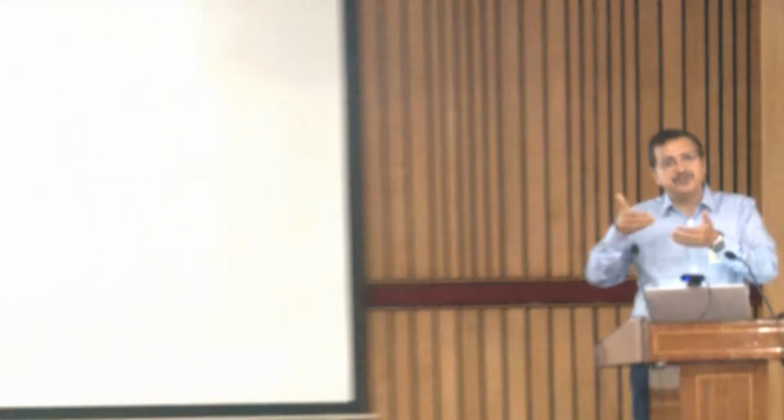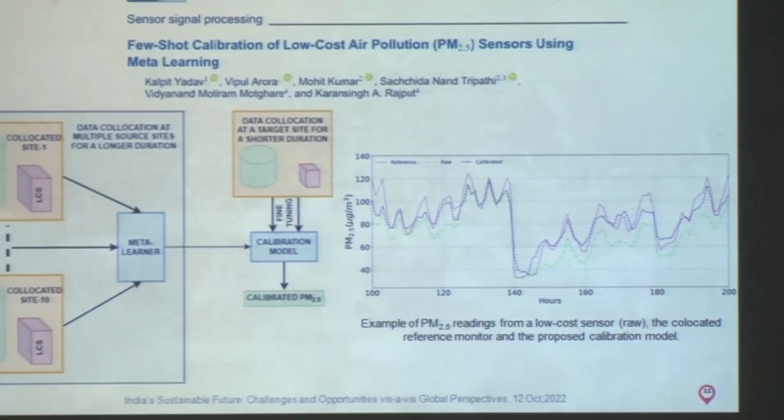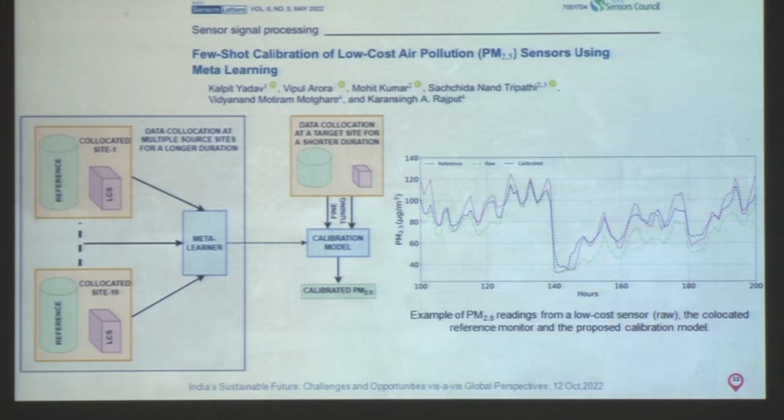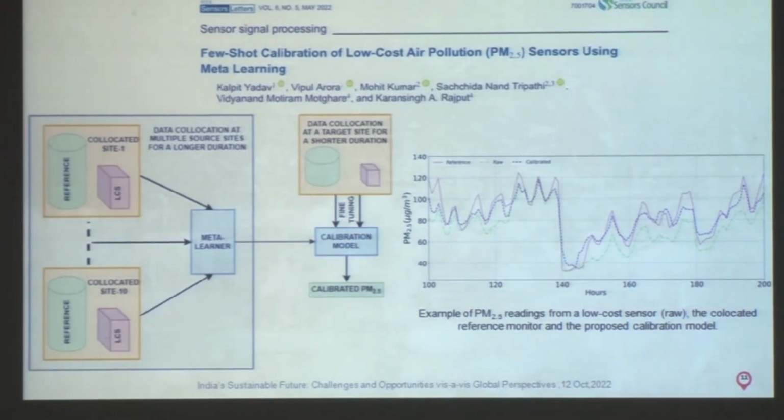Next, what we did is this: when you do not have sufficient co-location data, because the technology has to come to a level where only very limited co-located data is available, you try to harness the power of machine learning and artificial intelligence, and make the sensor learn what is being measured by the government monitor.